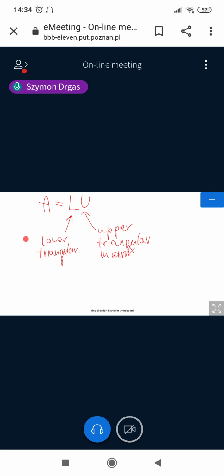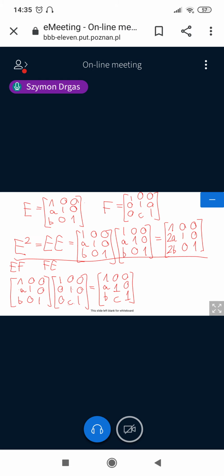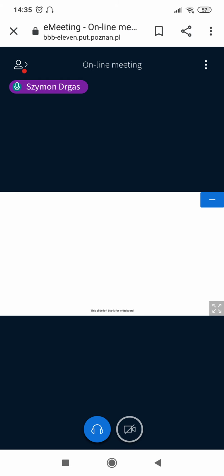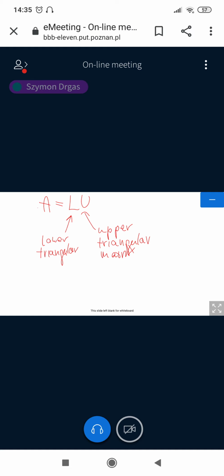Okay. And I will show you two ways how to decompose a matrix into the product of these two matrices. So the first one uses this elimination matrix that we discussed earlier today.